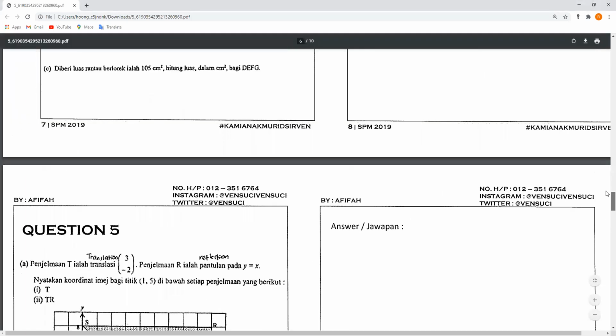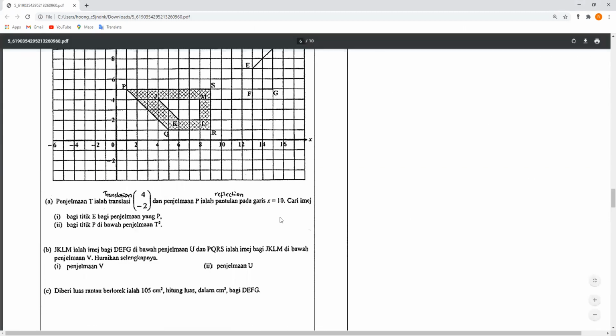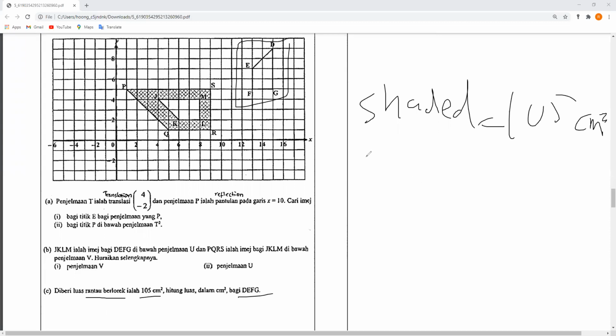So they say that given the shaded region, one at the top below it, is 105 cm squared. So the shaded region is 105 centimeters squared. So they want you to calculate the area of DEFG. So it's the object. As I told you, there's a formula.